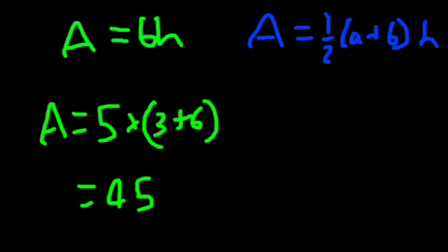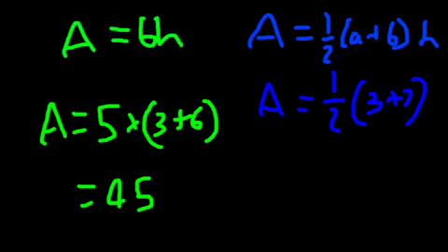And then for our trapezium, we just plug it into the formula. Now I've got A equals 1/2. A is 3, plus 7, and H we know is 5.